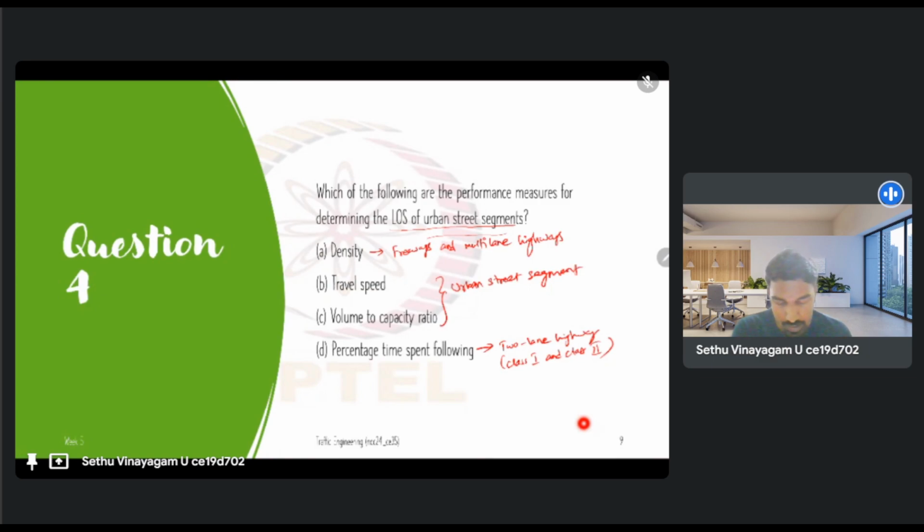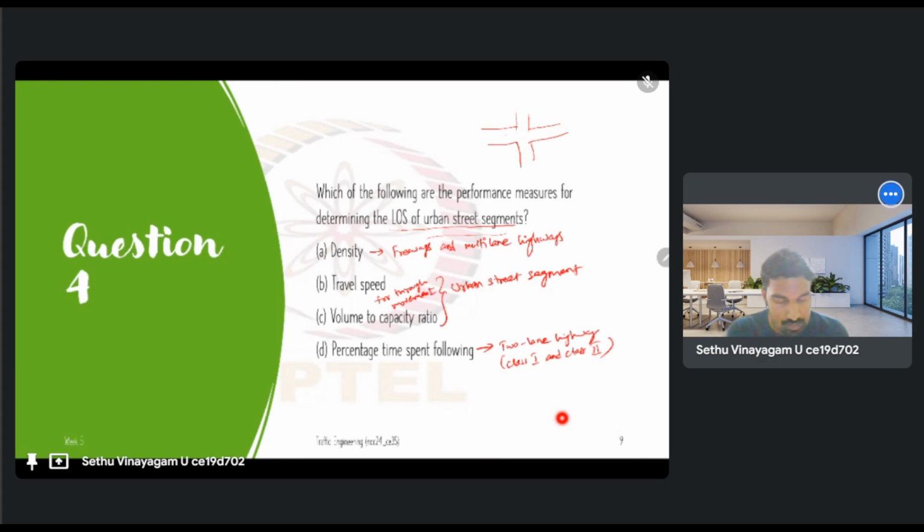These two together are used for urban street segments. More specifically, this is the travel speed and the V by C ratio for through movement. We consider this because the boundaries of our urban street segments are nothing but intersections, that's how we were defining the urban street segments.